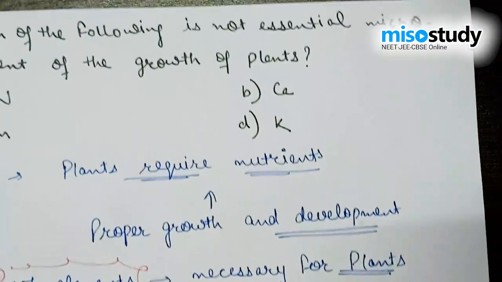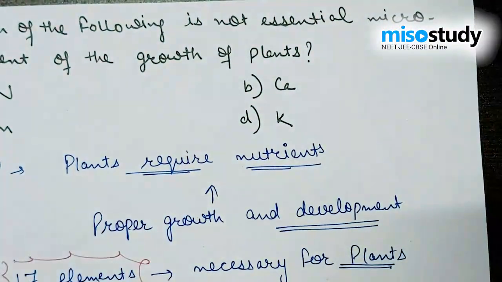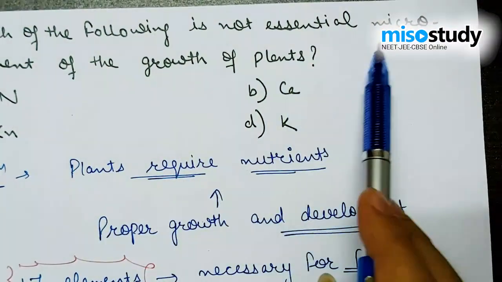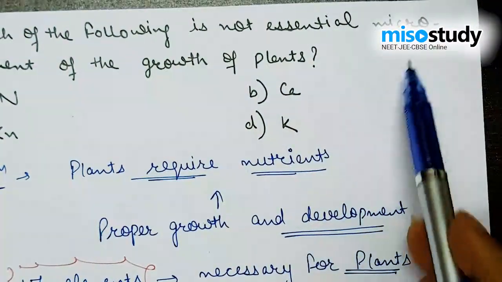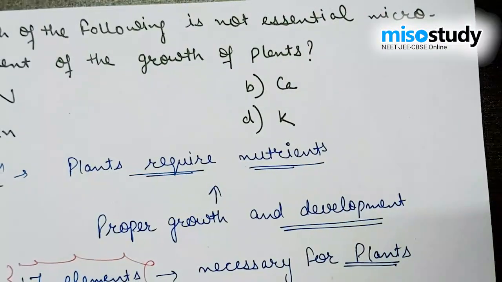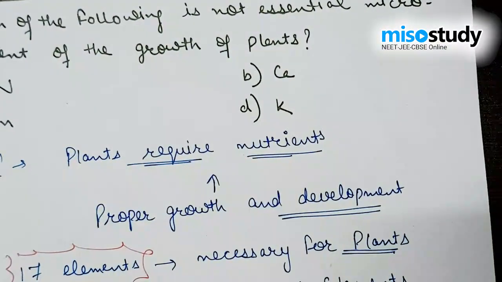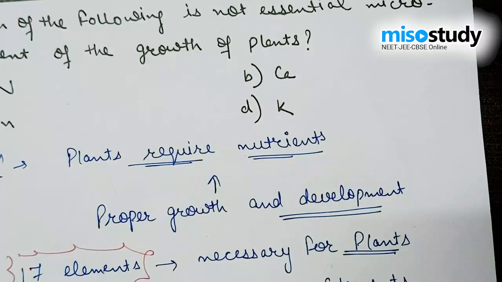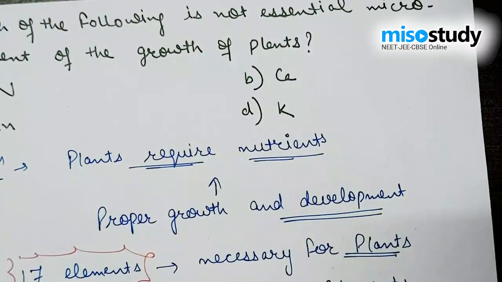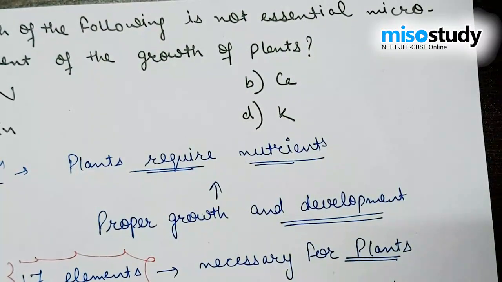That is zinc. Which of the following is not a micro element generally required for the growth of the plant? So zinc is the right answer in this case. Let's move on and discuss the next question from mineral nutrition.